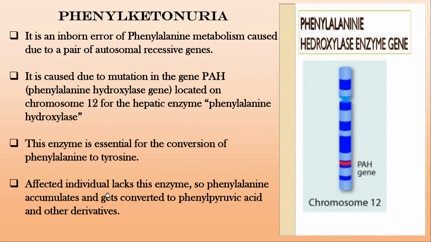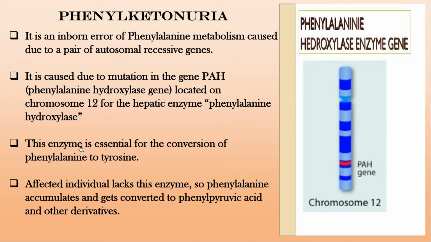The next disease is called phenylketonuria, an inborn error of phenylalanine metabolism, and this is caused due to the presence of a pair of autosomal recessive alleles. The recessive allele is called the PAH gene. This is present on chromosome number 12, and this gene is responsible for the synthesis of the hepatic enzyme called phenylalanine hydroxylase.